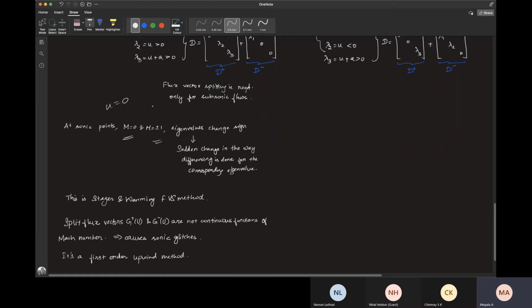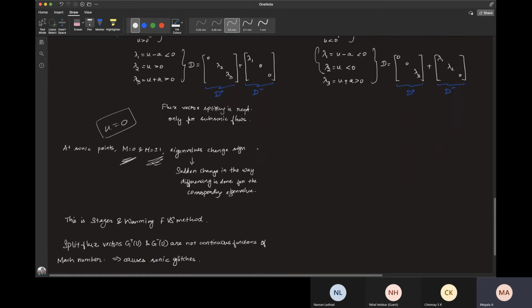These are considered to be sonic points. Physically, we only call the plus or minus 1 case a sonic point. Here we also call M equals 0 a sonic point because it also will sometimes cause problems like sonic glitches. So we consider this also to be a sonic point here. These are the places where we have a change in eigenvalues. So at M equals 0 and at M equals plus or minus 1, our eigenvalues will experience some change.